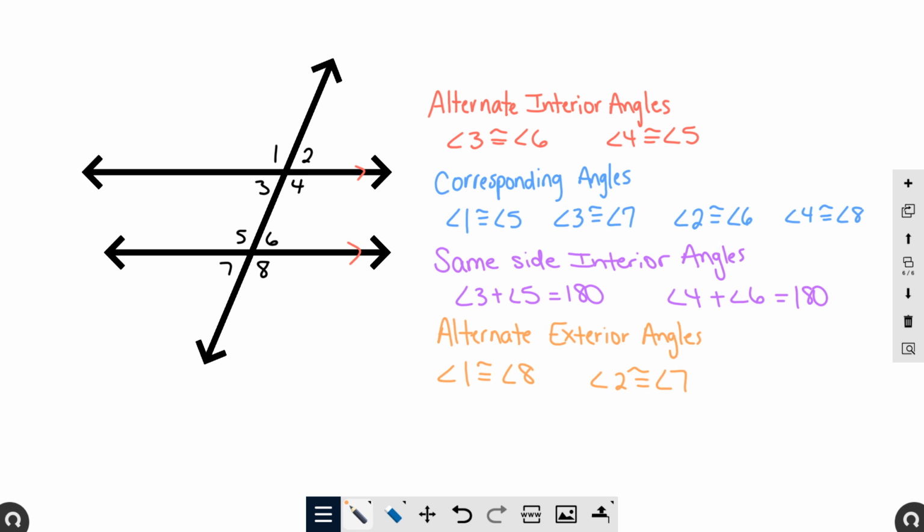So alternate exterior angles on the front with the picture, and then on the back, just write your two pairs of angles. Angle 1 is congruent to angle 8. Angle 2 is congruent to angle 7. That would go on the back. But make sure you got the picture on the front because it's not going to make much sense if you just put what angles are congruent on it.